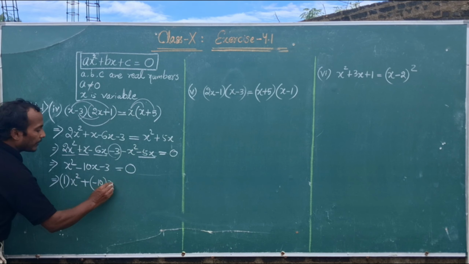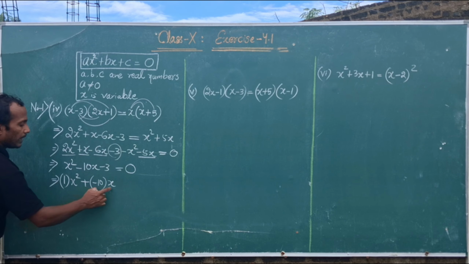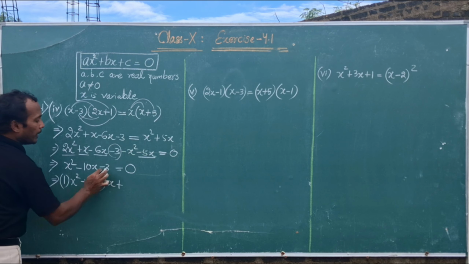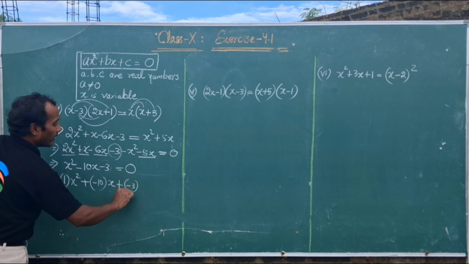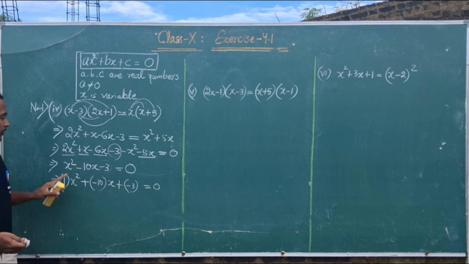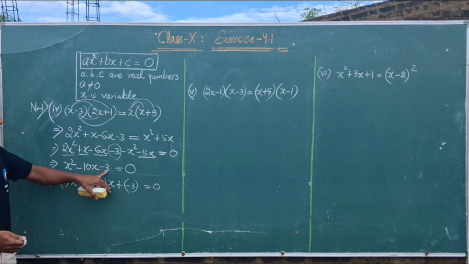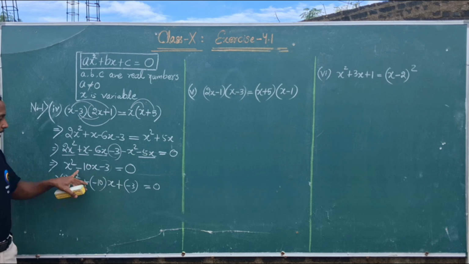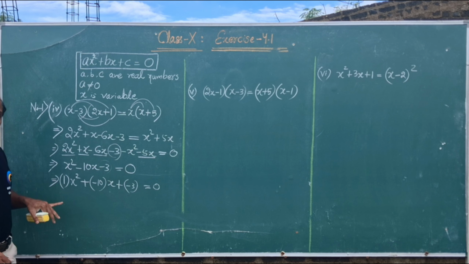Then x. Who is c? Minus 3 itself. Some students, when teachers ask them what a, b and c are, sometimes say only 3. It's not only 3, it's minus 3. Tell with the symbol. Who is b? Minus 10. Who is a? 1. Is that clear?